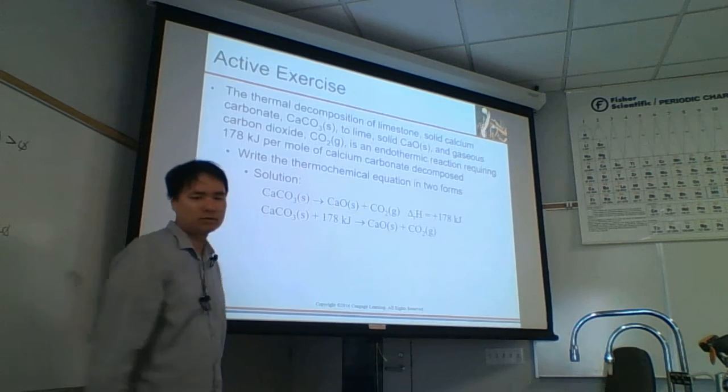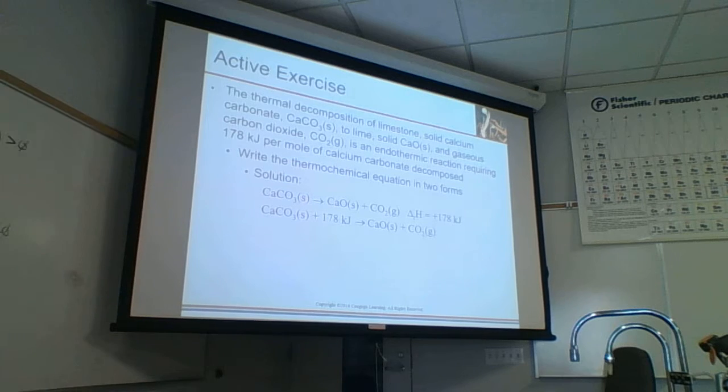And so we have this quantity relationship where we can generate stoichiometric conversion factors. The stoichiometric conversion factors are 178 kilojoules required, or 178 kilojoules needed for every mole of calcium carbonate. 178 kilojoules needed for every mole of calcium oxide and for every mole of carbon dioxide.